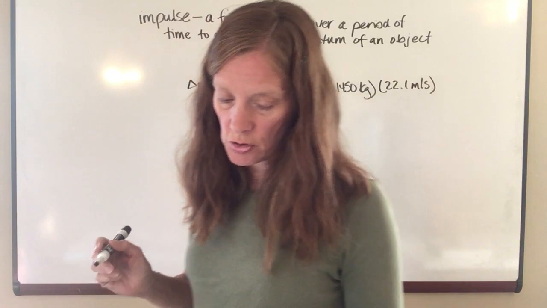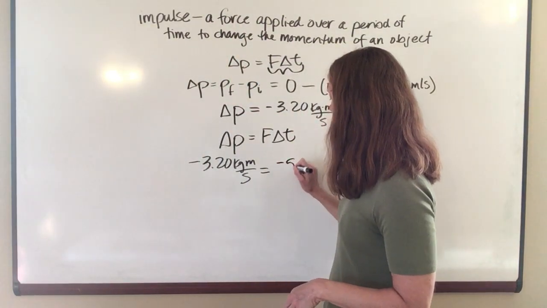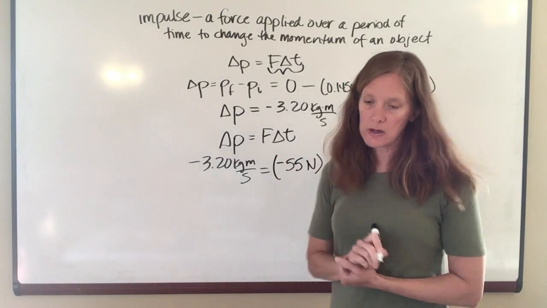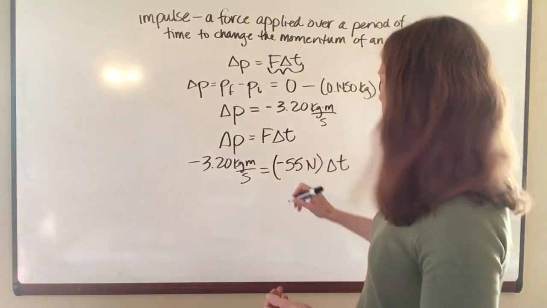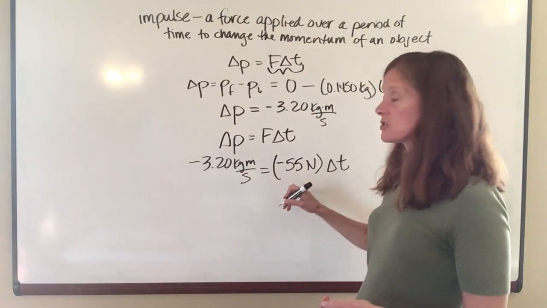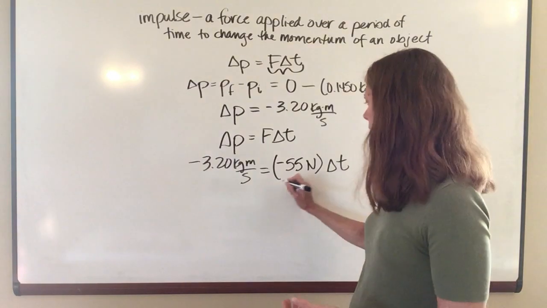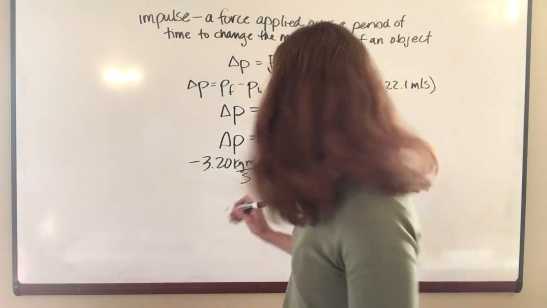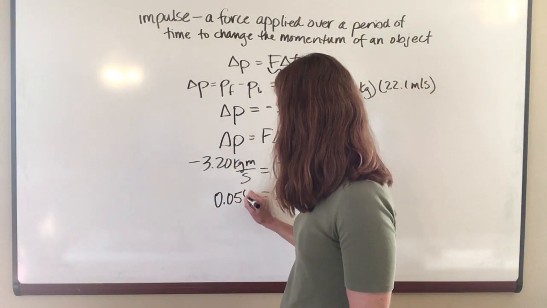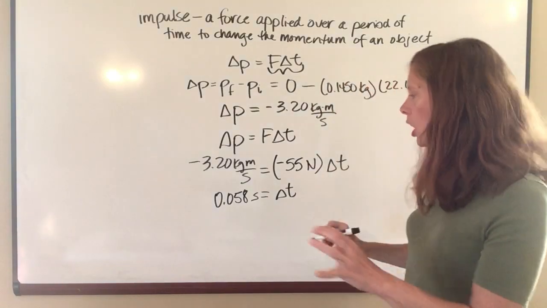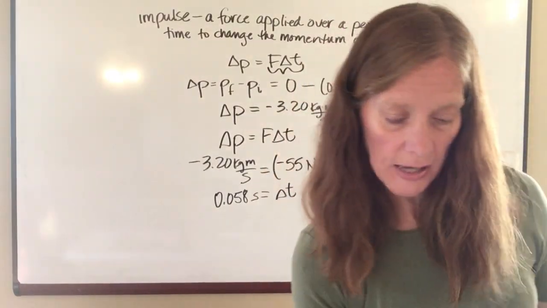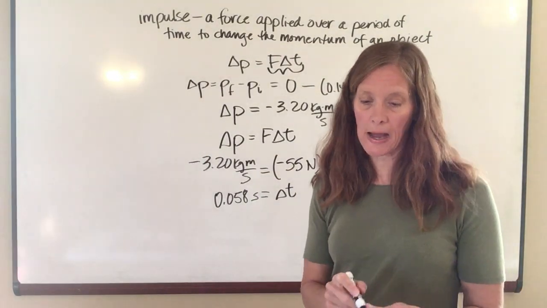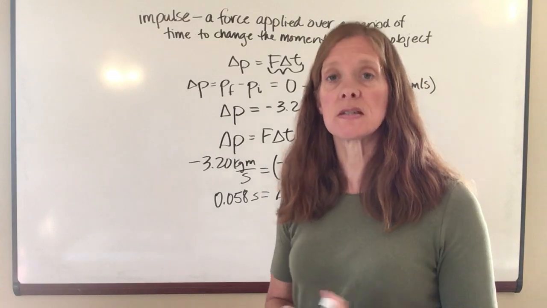So I have to use negative 55 newtons, and then multiply that by delta T. When I divide that out, that makes sense because my time ends up positive. So delta T, when you solve that, is 0.058 seconds. That's how long he's going to apply this force in order for the ball to get stopped. So you will get some practice today working these types of impulse problems.